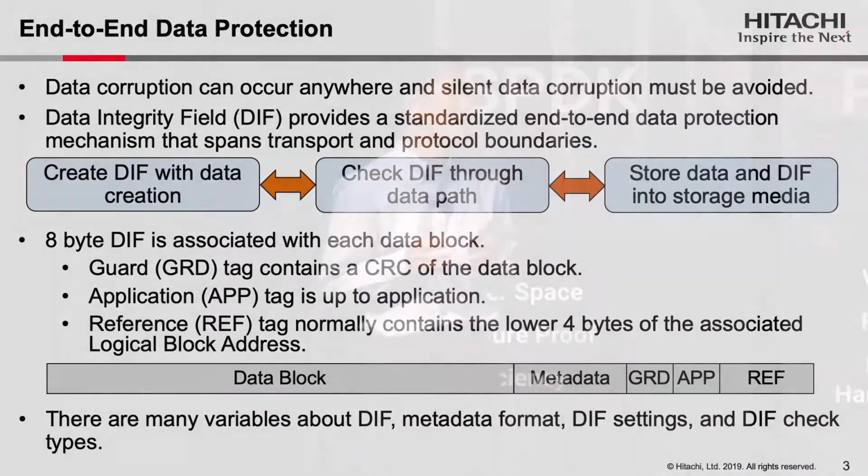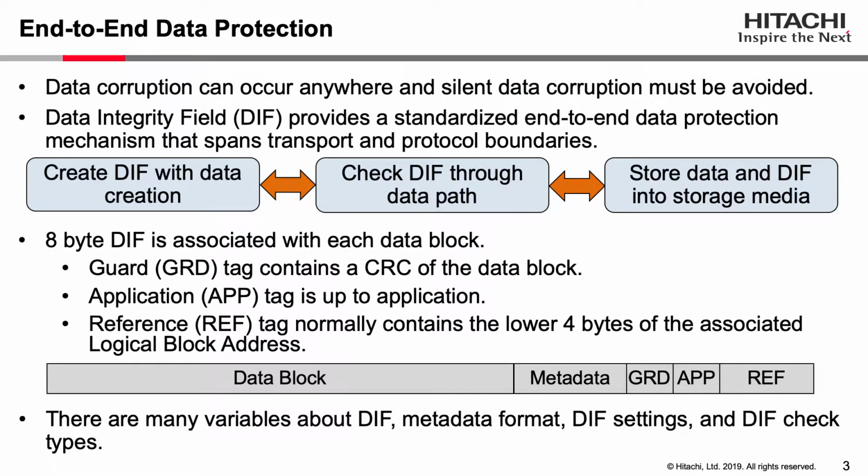There are 2 types of data corruption. One is detected data corruption, and another is silent data corruption. Detected data corruption can be corrected, but silent data corruption gives us no way to notice it, so silent corruption should be avoided as much as we can.